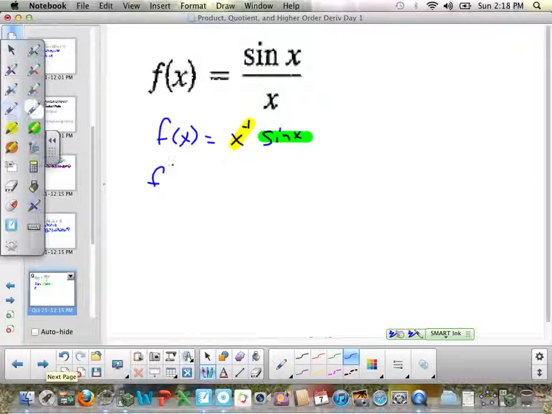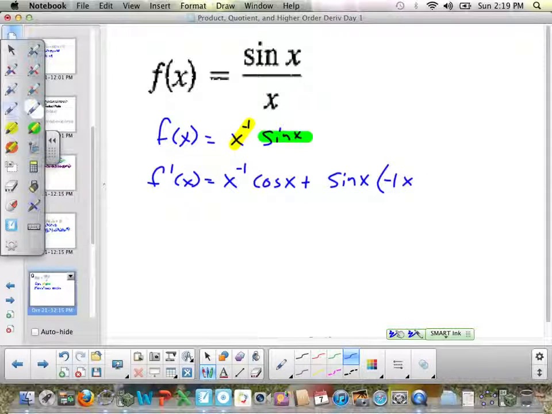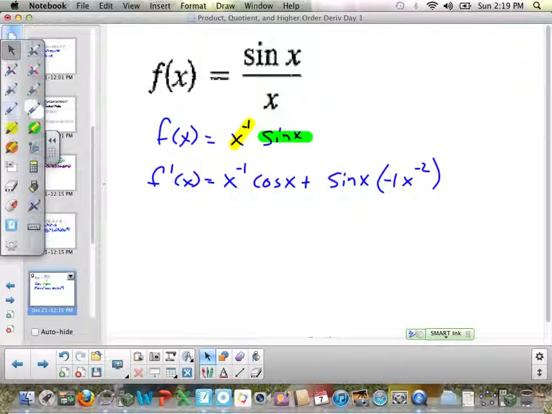And so our derivative, f prime, will be our first function times the derivative of our second function, the derivative of sine is cosine, plus our second function times the derivative of our first function. And we can leave it like that, or we can rewrite it. I'm going to leave it like that.